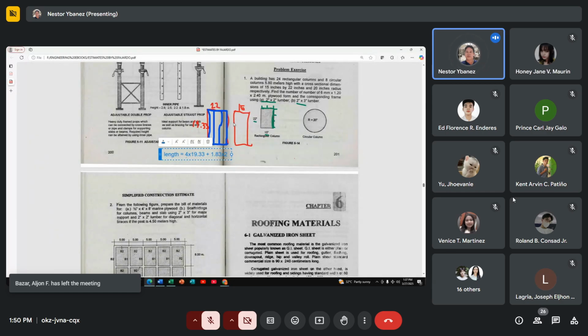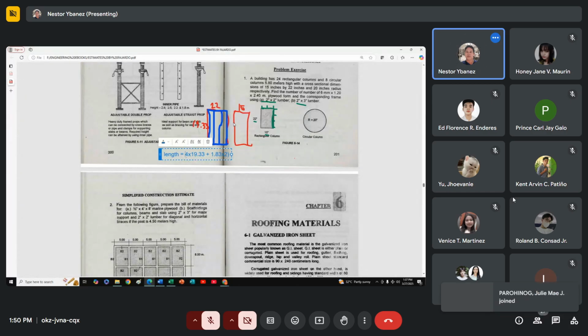That is one side, but since there are two sides, I multiply by 2.